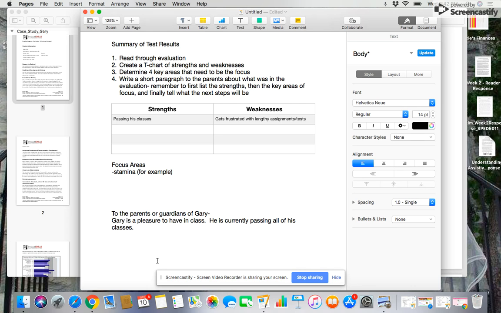That would be: our next steps are we're going to figure out how we can best help Gary and what accommodations and modifications might work well for him in the classroom. Overall, your whole short paragraph should be at least, I would say, 5 to 10 sentences, with the strengths for him, the weaknesses, and then a transition sentence.